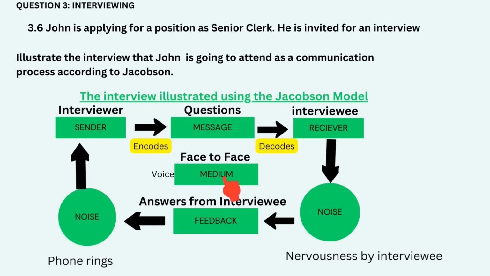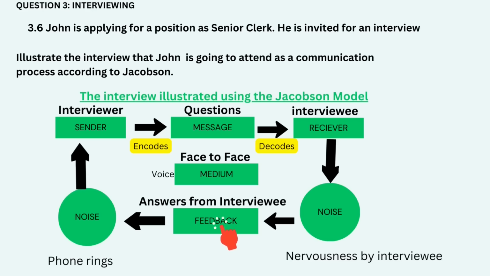Non-verbal cues, such as body language and facial expressions, may also play a role in conveying the message. The interviewee acts as the receiver in this communication process. They decode the questions presented by the interviewer and interpret the interviewer's intent. The interviewee decodes or interprets the questions asked by the interviewer to understand what information is being sought.